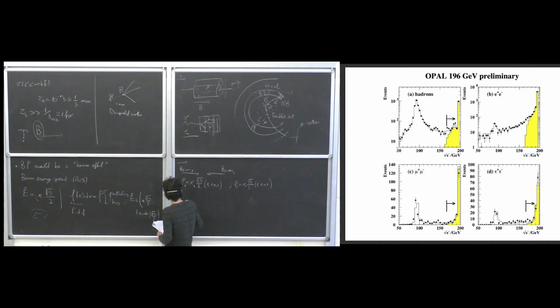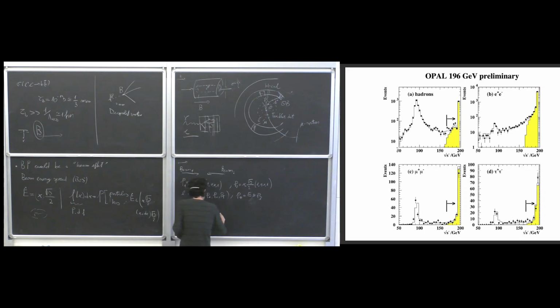I'm going to use light cone coordinates, which are more convenient. In these light cone coordinates, the momentum is expressed as p plus, p minus, and pt. P plus minus is equal to E plus or minus P3. Then you do have that P1 is x1 square root of s, so it has a P plus of x1 square root of s.